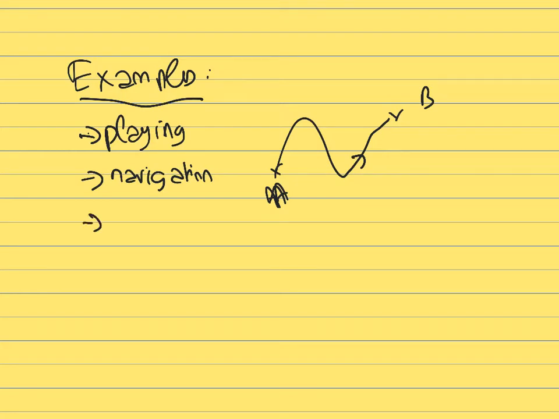And then finally, you have a more general class of examples, which is everything related to planning and scheduling. This is when you have a given problem that requires you to make some choices.